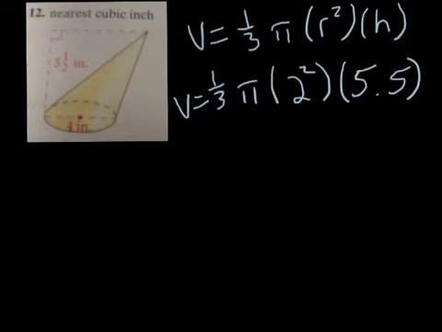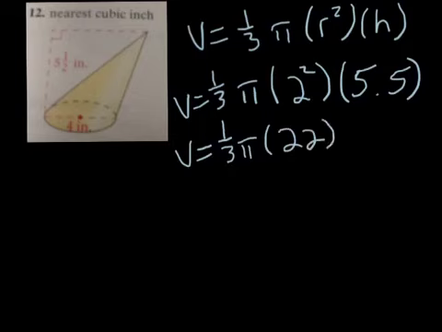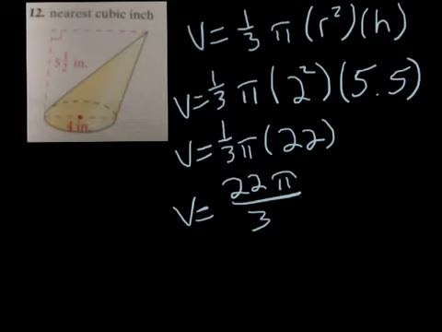And as I said before, I would leave the 1/3 out until the very end, so it's 1/3 pi. 2 squared is 4. If we multiply 4 times 5.5, we get 22. So the volume would be equal to, if it had said even terms of pi, it would be 22 pi over 3. As we see up here, the directions say to the nearest cubic inch.